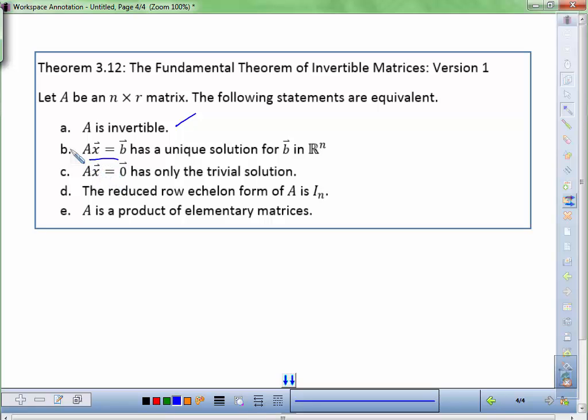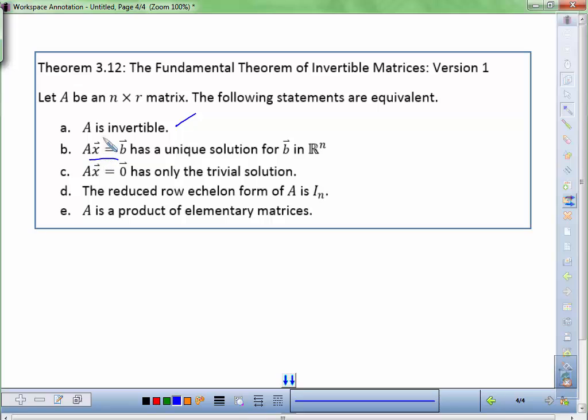Then Ax equals b has a unique solution, so this translates to a system. We have a system of linear equations with a coefficient matrix being represented by A. And if that's equal to b, then this has a solution. So the unique solution is the vector x, right?